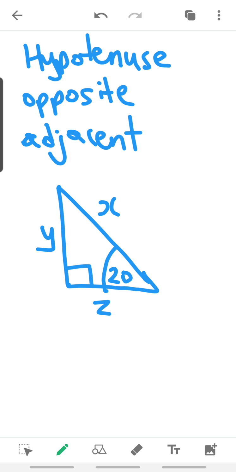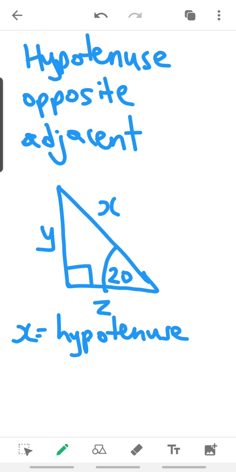So right away, we should be able to automatically identify that x is our hypotenuse, because remember, the hypotenuse is that longest side inside of our right angle triangle, or basically that side that is directly opposite to our right angle.